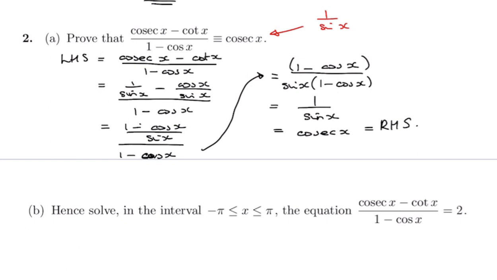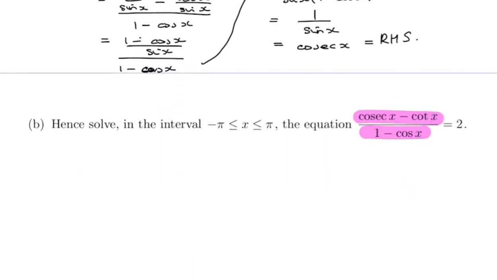Now, it then says, hence solve between the interval negative pi to pi this equation. What you'll notice is that this bit here we can replace by cosec x, because it's exactly what we got on the other side. So we can have, therefore, cosec x equals 2.